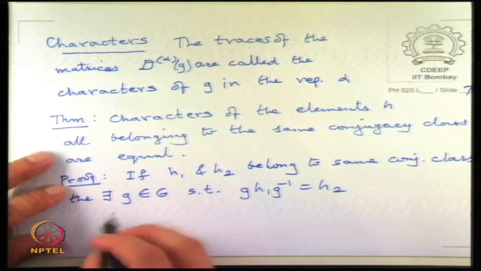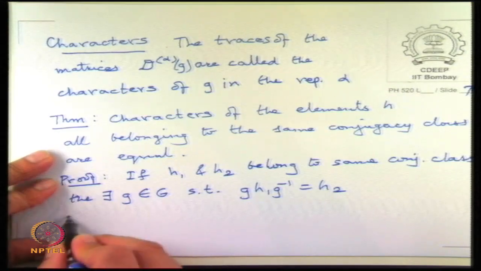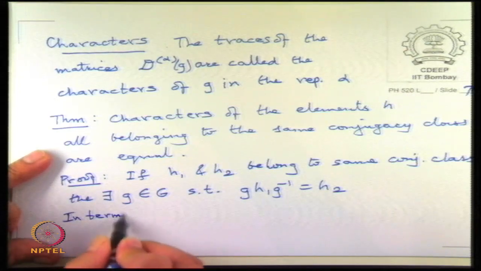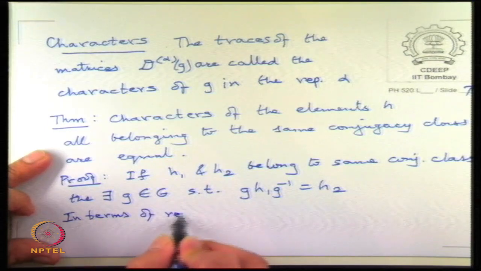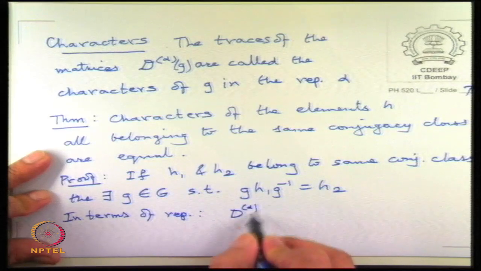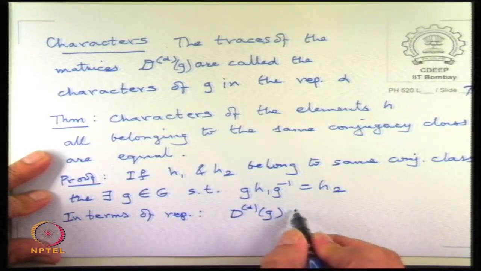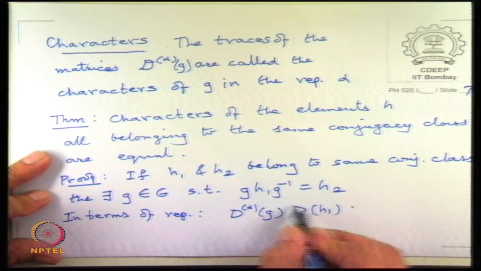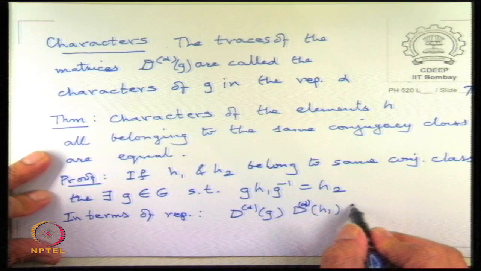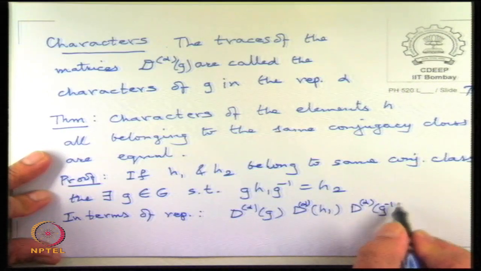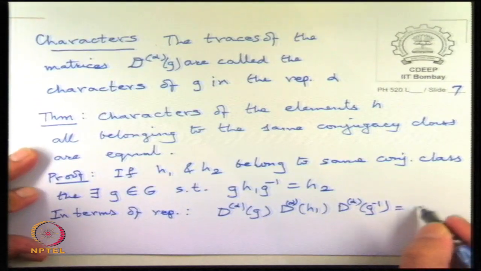But now in terms of a representation, this would mean D alpha of G, D alpha of H1, D alpha of G inverse has to be equal to D alpha of H2.